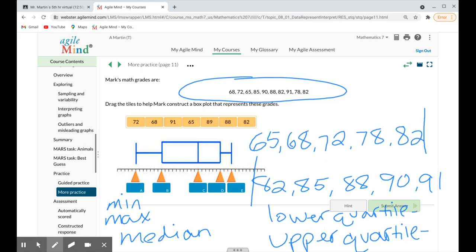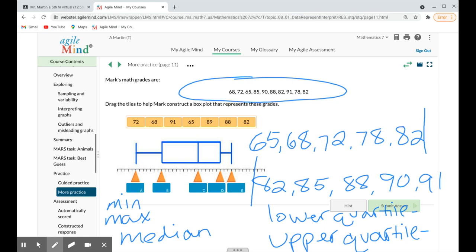If you don't know that, write that down. I'm going to restate it one more time. The lower quartile is found by finding the middle of the data from the minimum to the median. The upper quartile is found by looking at the middle of the data from the median to the maximum.